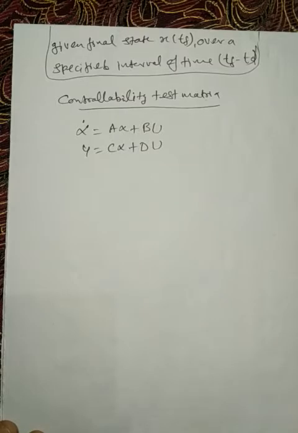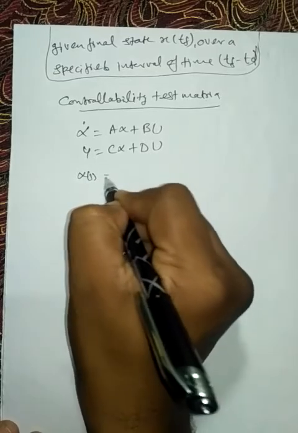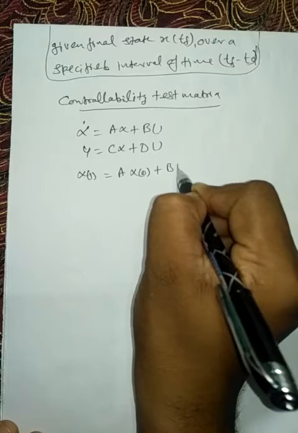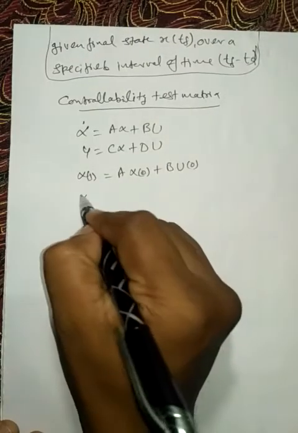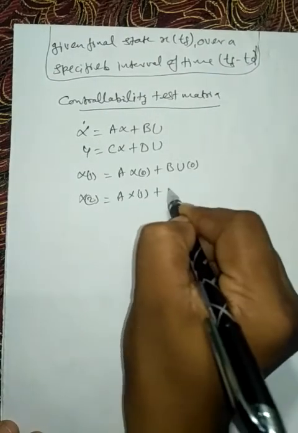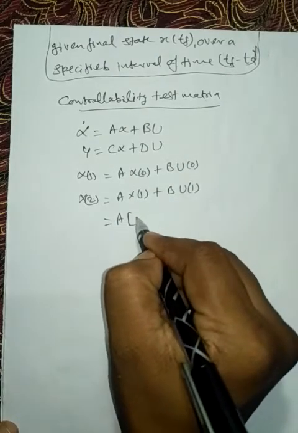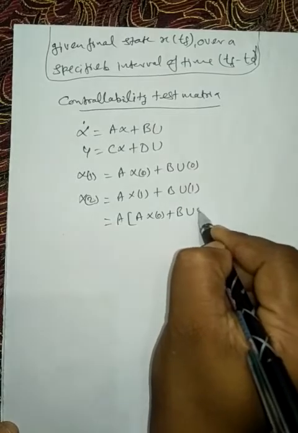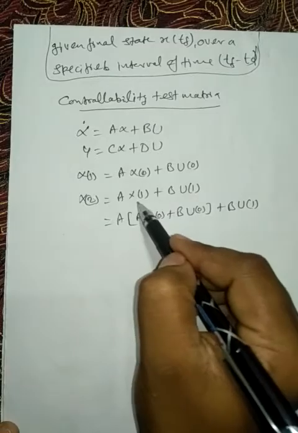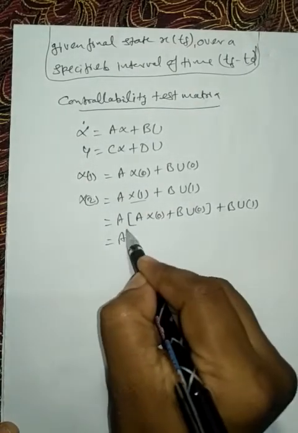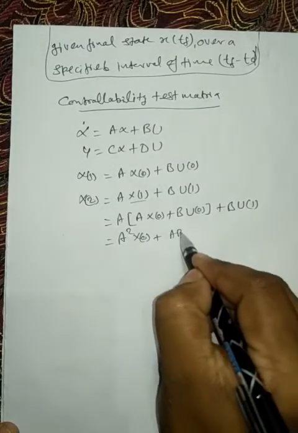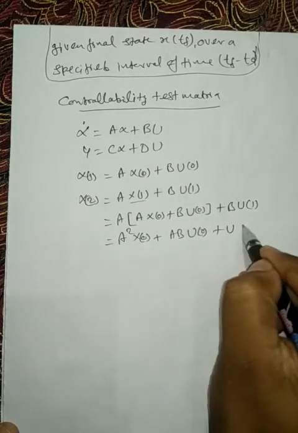In this case, we can write x1 as a x naught plus b u naught. x2 will be a x1 plus b u1, or a times a x naught plus b u naught, plus b u1, which gives a square x naught plus a b u naught plus b u1.